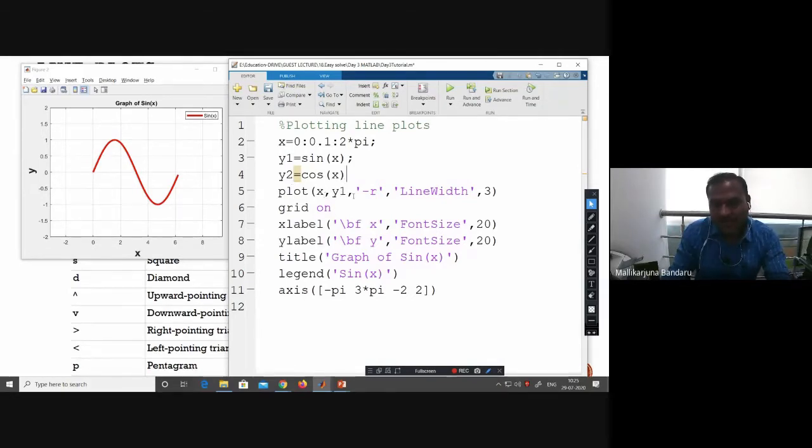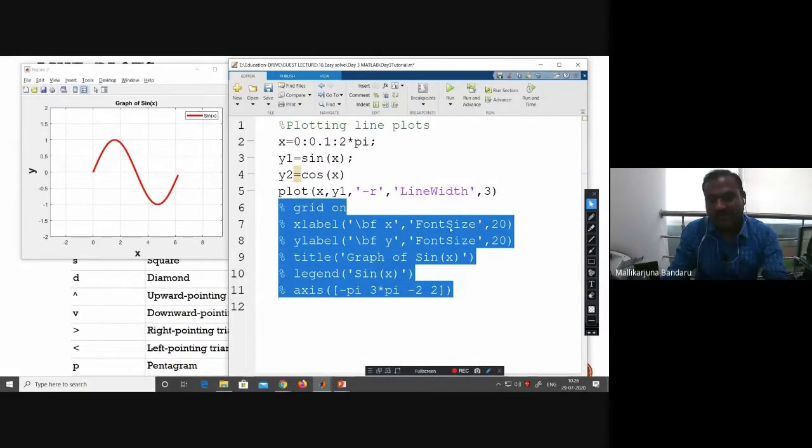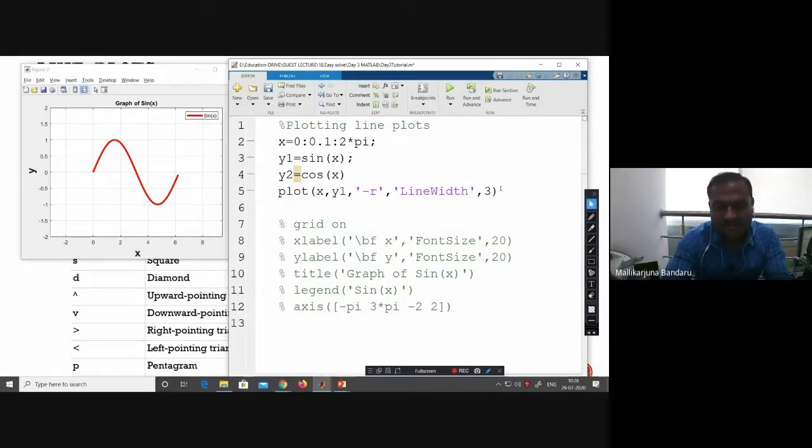Here plot x, y1 is equal to minus, or line width 3, right? Let us restrict this. Let me take a plot x comma y2, suppose. Let me draw using this syntax.